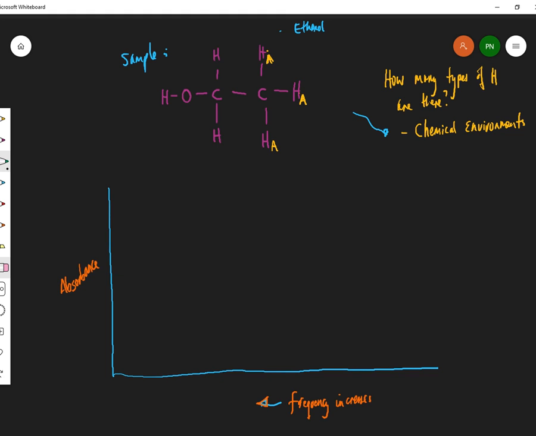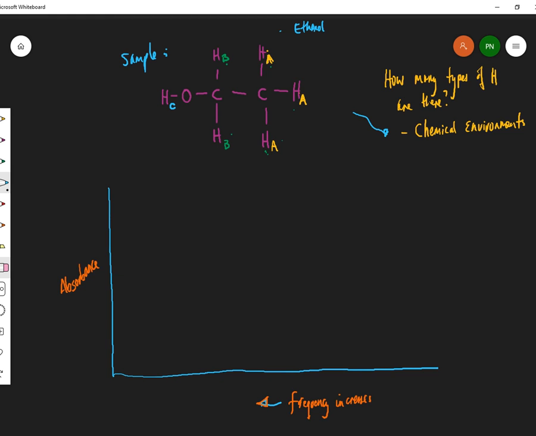Now, let's have a look at these two hydrogens. This hydrogen is not the same as this hydrogen because this hydrogen is connected to a carbon which is directly connected to an oxygen. But this hydrogen, this one here, is connected to a carbon that is connected to another carbon. So these two are not the same as these three. And obviously, as you can see, this hydrogen here is totally different.